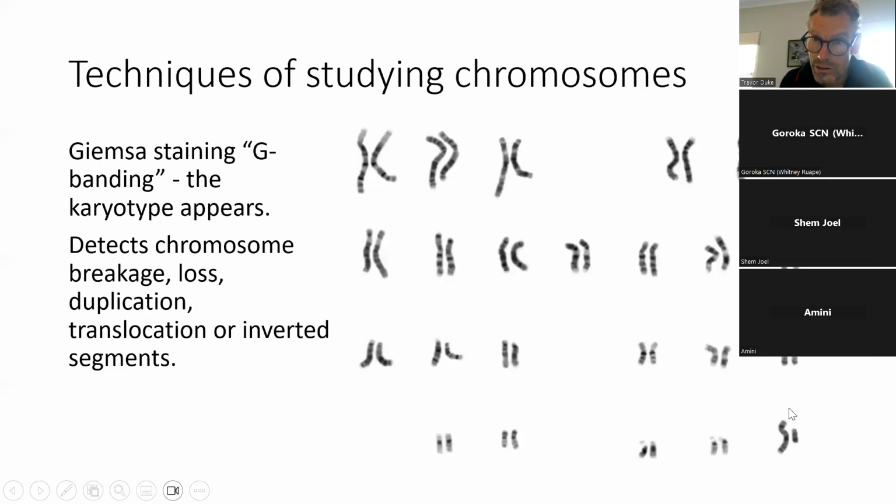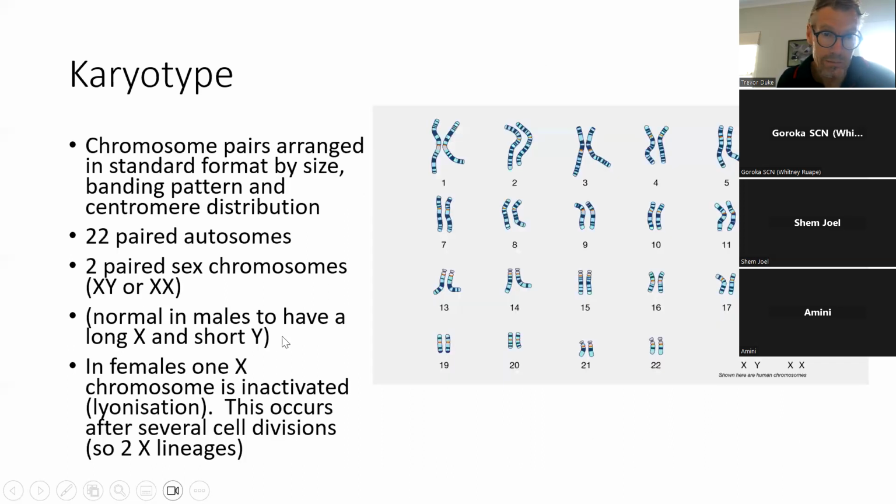I don't know whether you would be able to identify whether this is a male or a female karyotype, but for those who have some familiarity with studying chromosomes, you'll be able to tell that this is a male karyotype because the X chromosome is longer and the Y chromosome is shorter. If it was a female karyotype, there would be 2 long chromosomes as the sex chromosomes, but because it's a male, 1 long and 1 short. The short one is the Y chromosome.